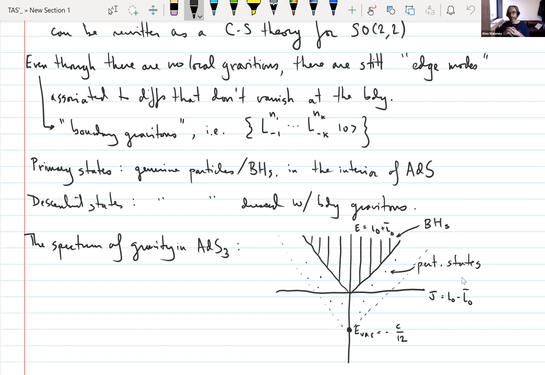Black holes, for example, are not kosher with these boundary conditions because the fall-off conditions forbid the BTZ black hole. To me, I think of these boundary gravitons as the analog of edge modes in a quantum Hall system, but there are perfectly legitimate other ways of thinking about them.